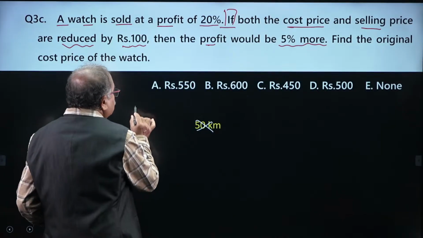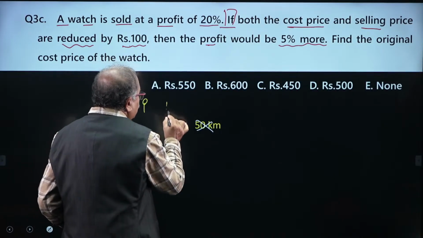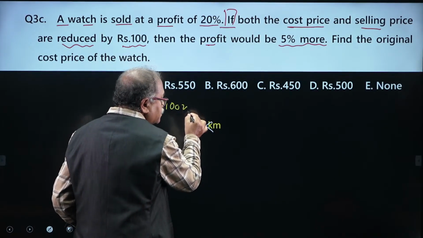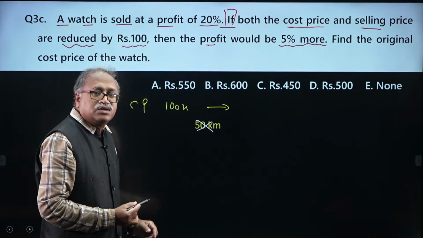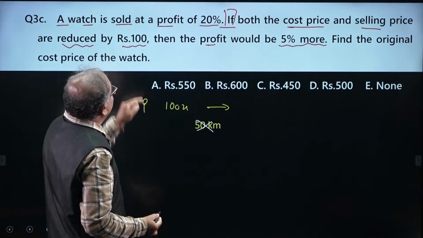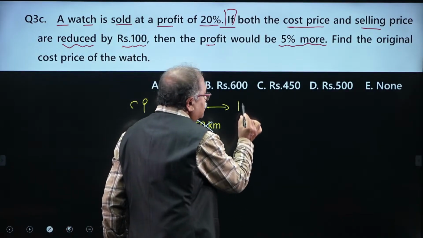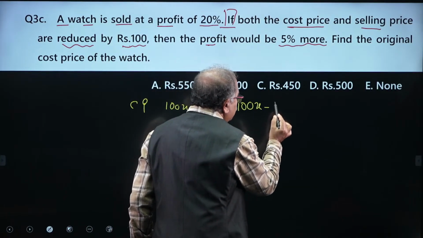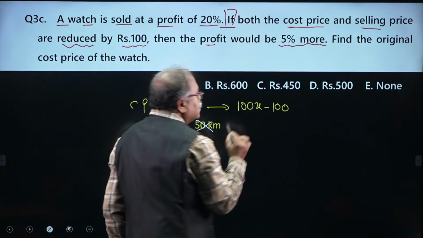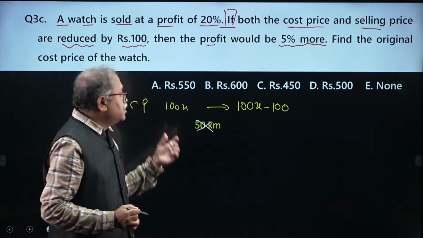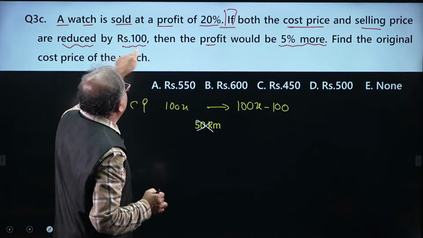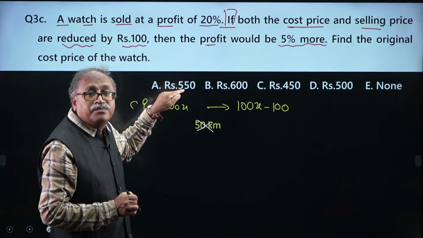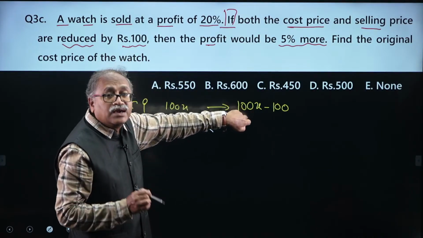So, here I notice that the cost price is 100x. What is the new cost price? I will write it on the same row. The new cost price is 100 less, that is 100x minus 100. Why am I taking it in the form of 100x, which I discussed earlier? Here the value is given, rupees 100, so I have to take 100x.